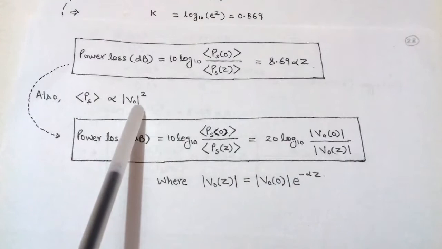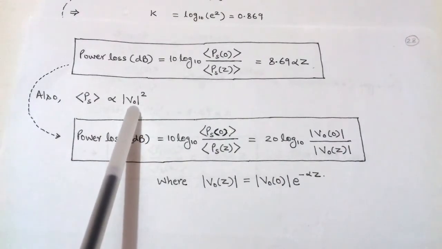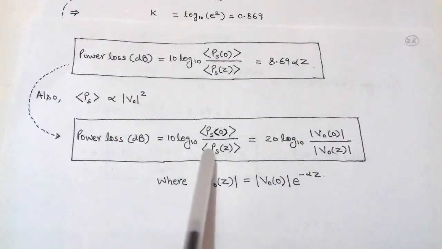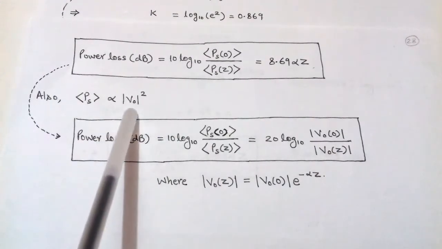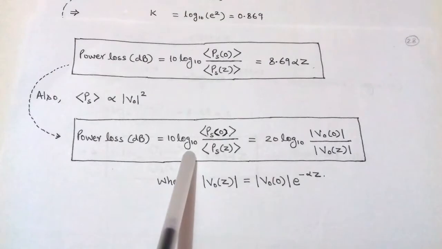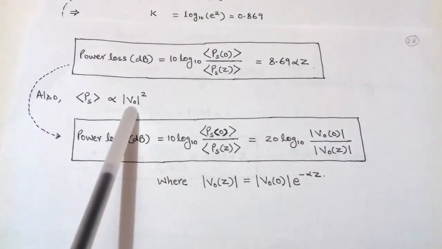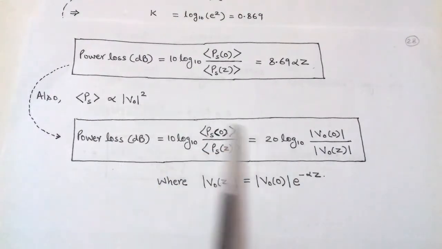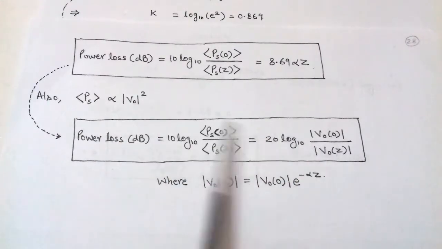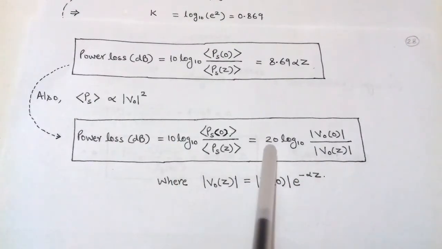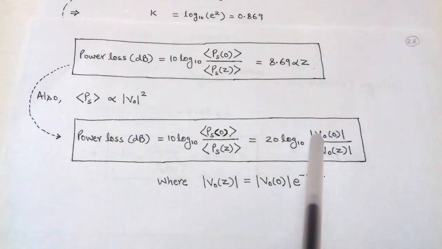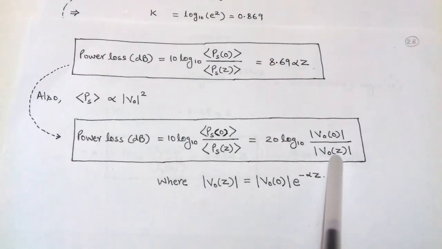As we know that the time average power is directly proportional to mod of V naught squared, and here it is 10 log to base 10, and when we take the mod of V naught squared, it becomes 20 log to base 10 of mod of V naught 0 upon V naught z.